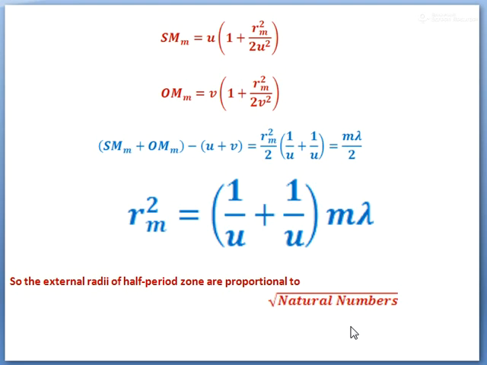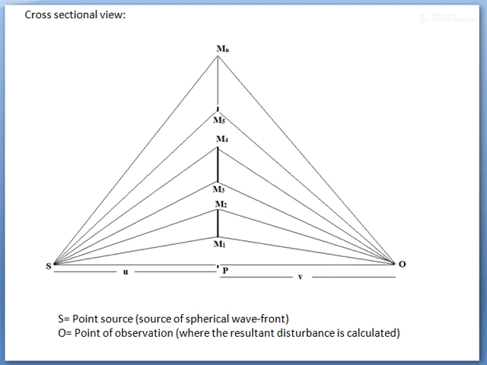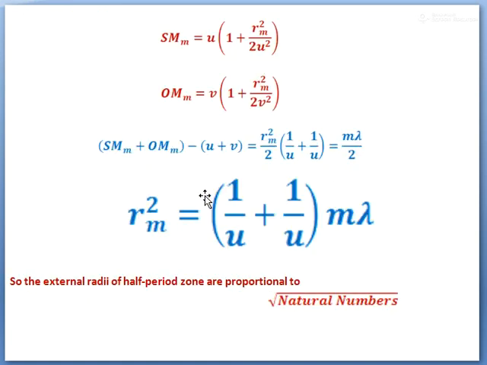Now if I calculate the path difference, it will be SMn plus OMn minus SO, and the distance SO will be SP plus PO, that is U plus V. So the path difference is SMn plus MnO minus U plus V, and taking the difference, it will be Rn square divided by 2 into 1 by U plus 1 by V.